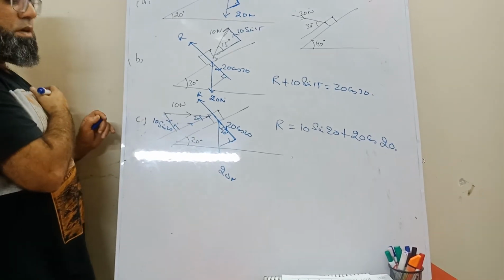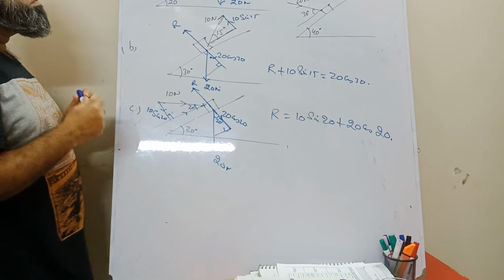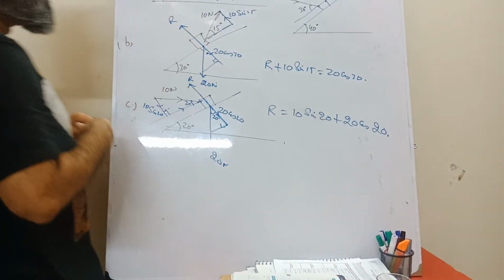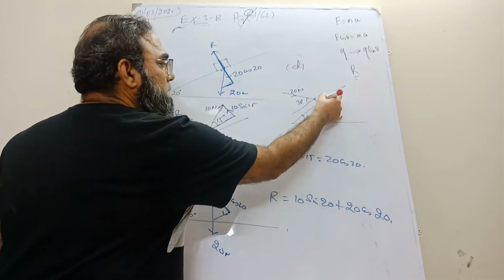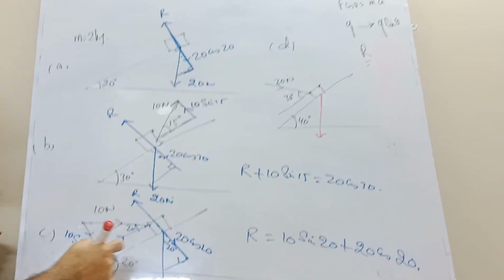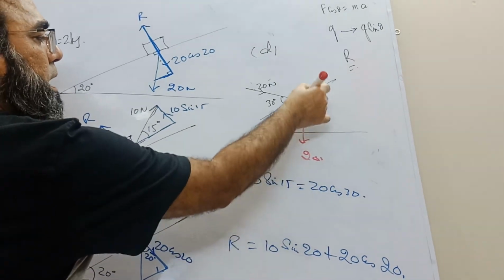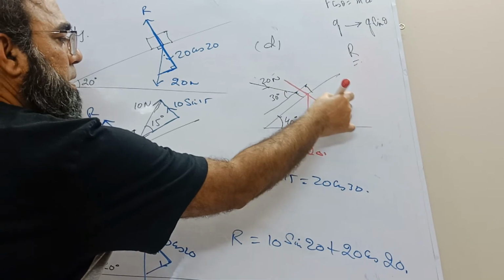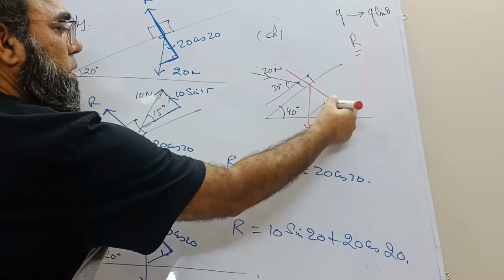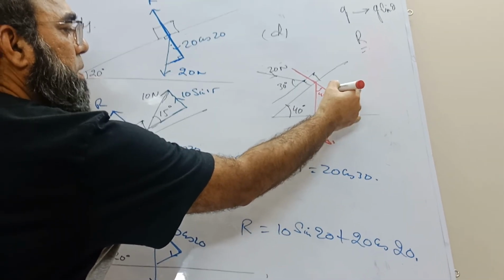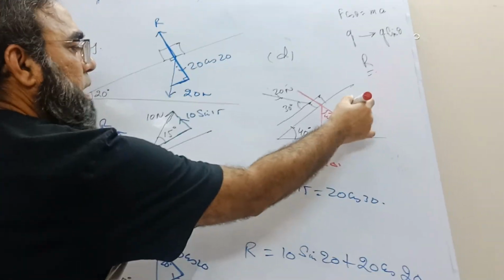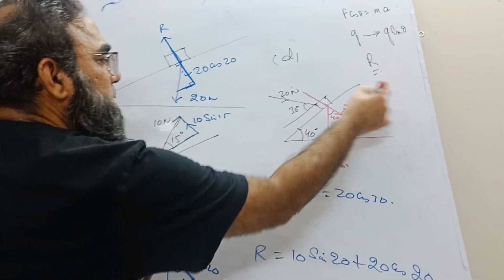And finally coming towards the D part, let me use a different color so that it looks a bit colorful. Now this is again 20 newtons, and I keep a pencil here, and this is your 40 degrees here. This is your 20 cos, I hope you can see this.